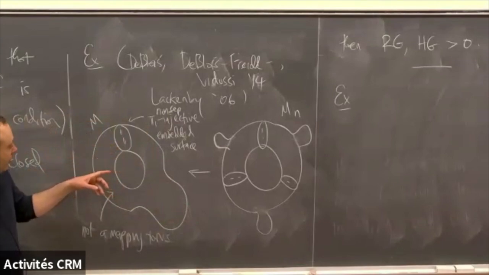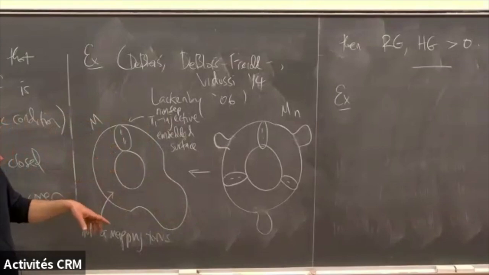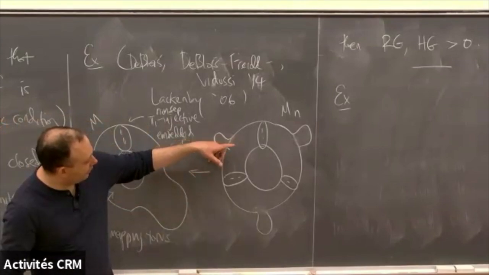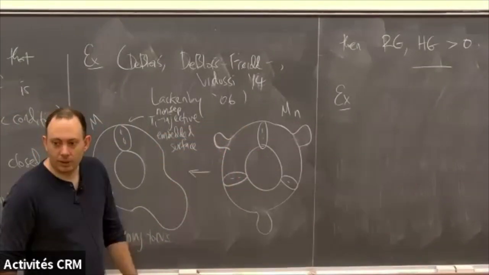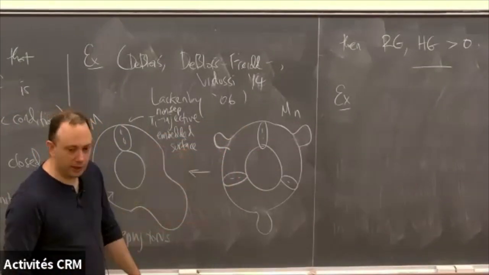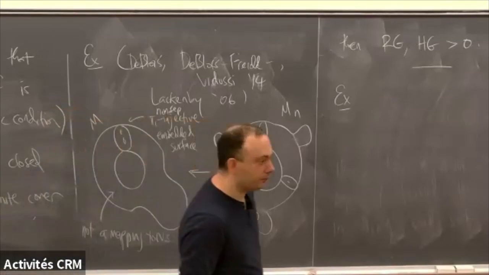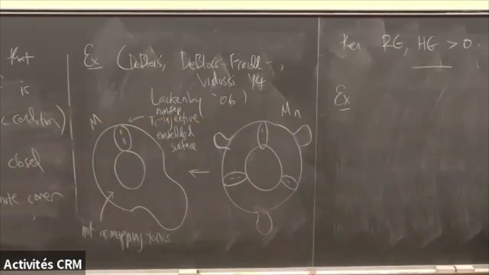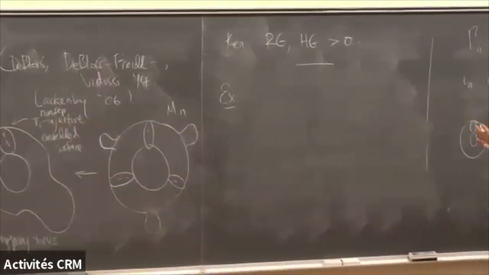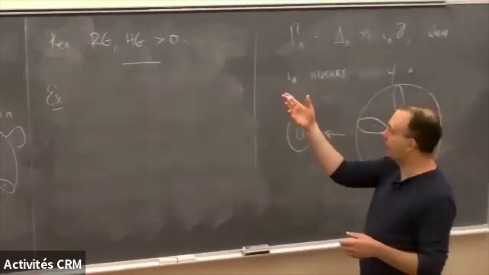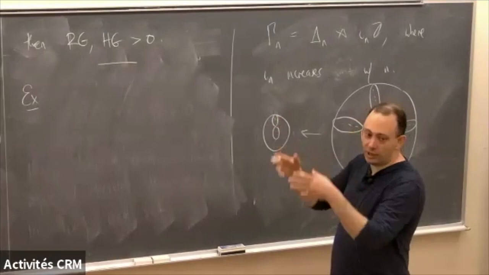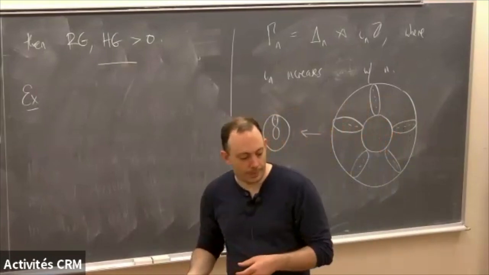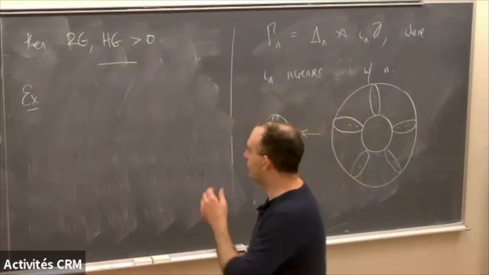It's like pi1 of the manifold that you get when you concat infinitely many of these bumpy pieces together. So it's going to be some infinitely generated group. But I also want to give you an example where the Heegaard gradient is positive, and the chain trivially intersects. Okay, and so here's that example.